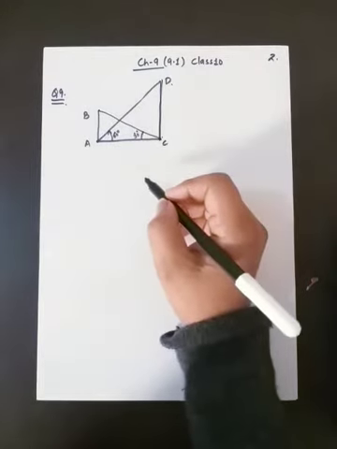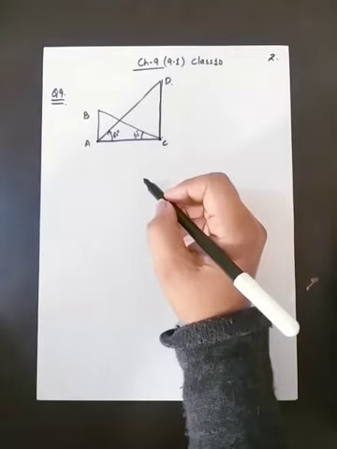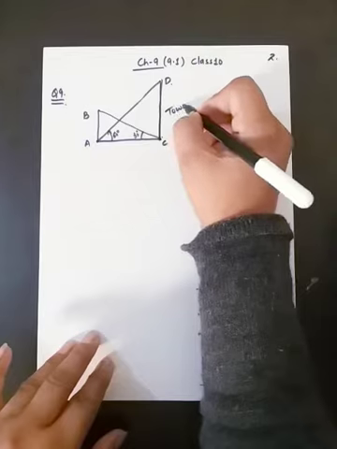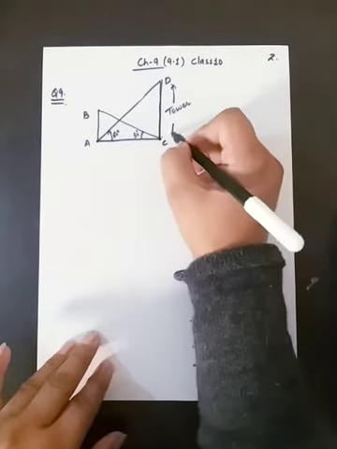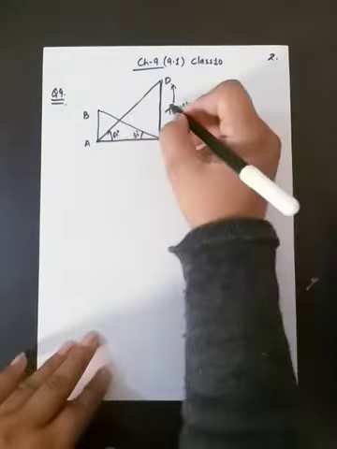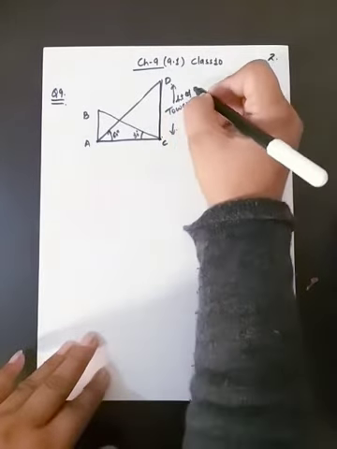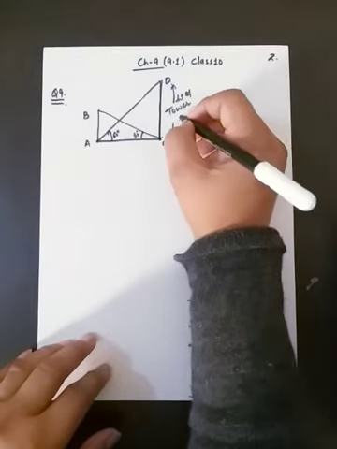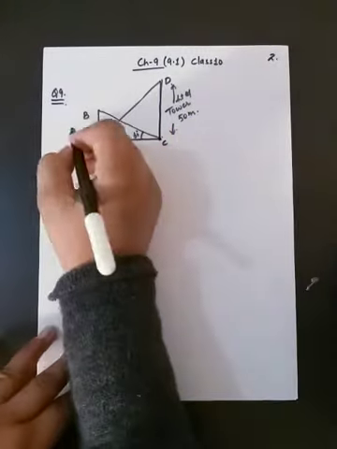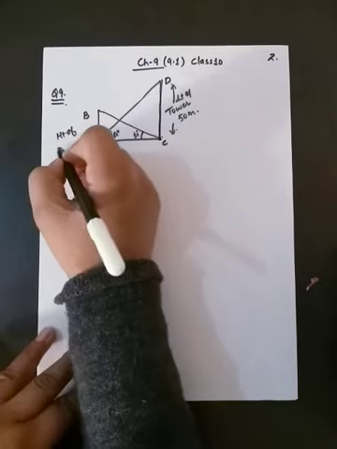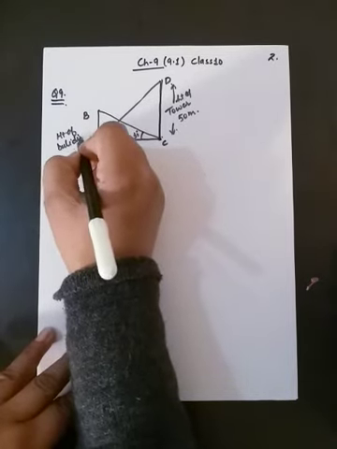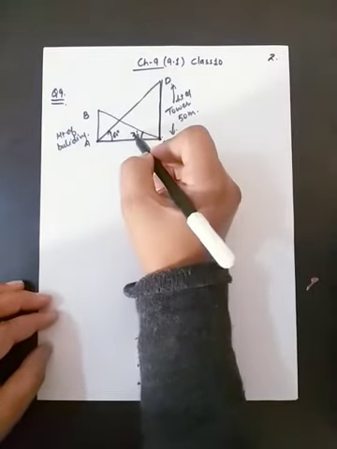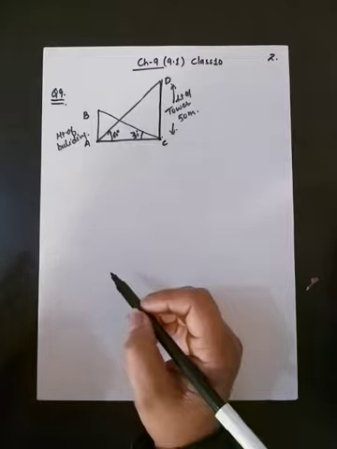Now in the question, the angle of the top of the tower from the foot of the building is given. So this is the tower, meaning the height of the tower is greater than the height of the building. And the height of the tower is 50 meter. And AB is the height of the building. Now on the basis of the given figure or given statement, we have to find the height of the building.